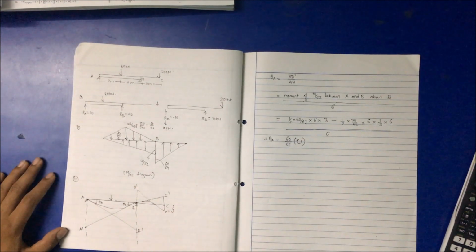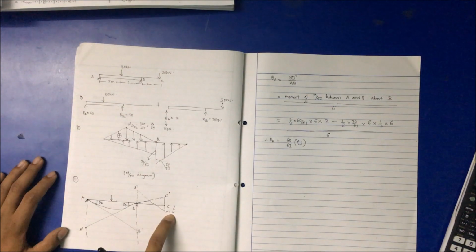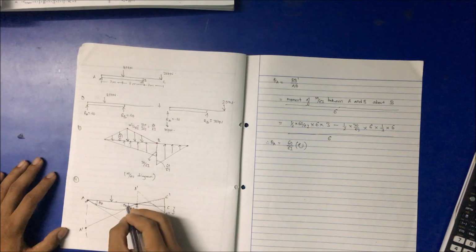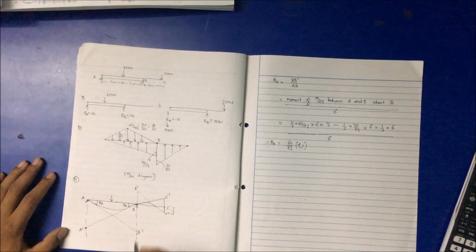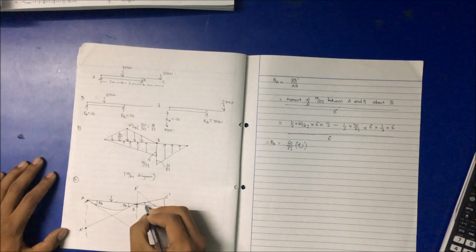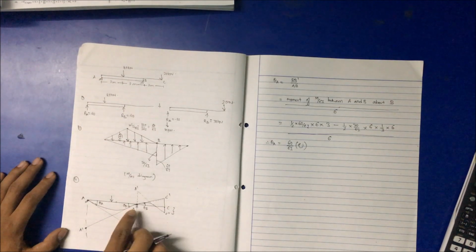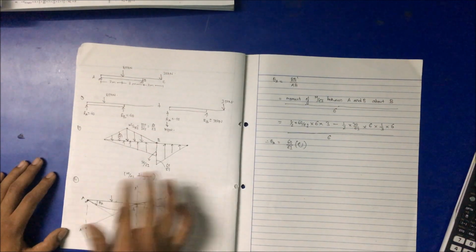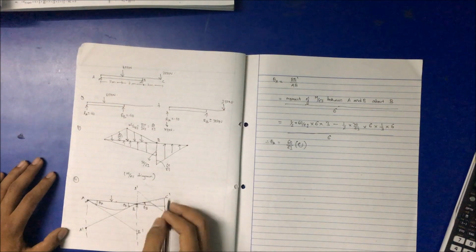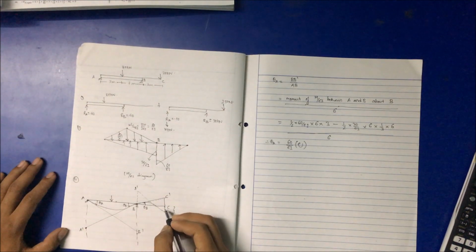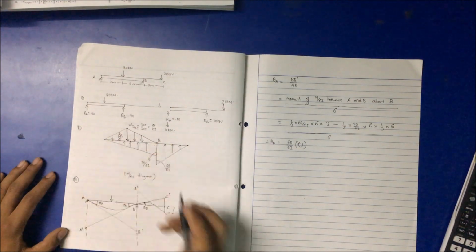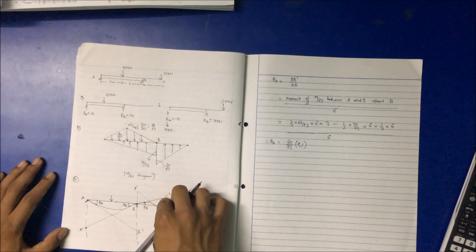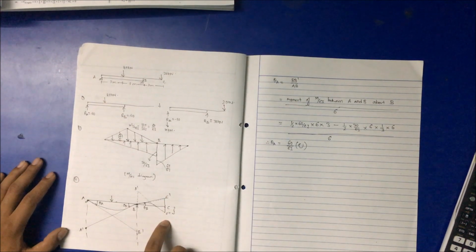Now the next problem is to determine deflection at point C. But for determining deflection at point C, we have to know the value of theta B. So with the value of theta B, from theta B we can find C dash C using the triangular Pythagoras relation, and again using the moment area M by EI diagram we can calculate C dash dash, and subtracting these we can get the actual deflection.